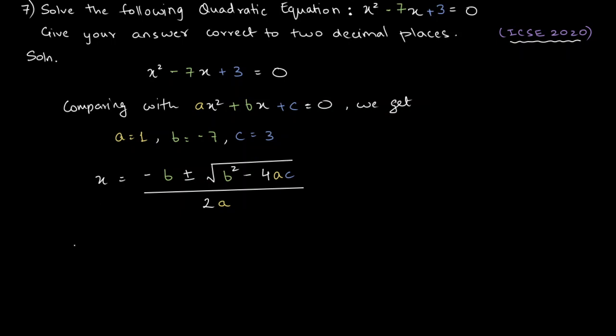So let's substitute our values and find the value of x. So x will be equal to minus b, which is minus of minus 7. Be careful about the signs here, right?